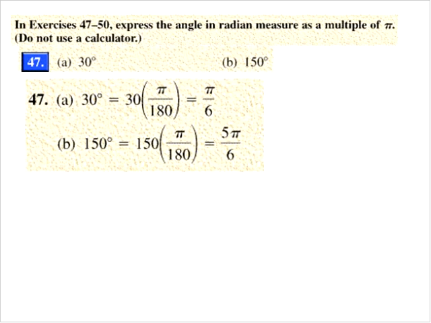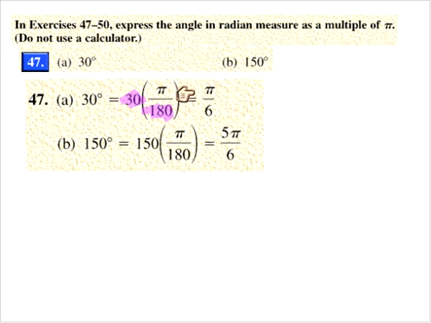All right, let's convert from radians to degrees or degrees to radians. All right, if we're converting from degrees to radians, we multiply by pi over 180. So we just need to simplify or reduce the 30 over 180. And 30 over 180 reduces to 1/6.